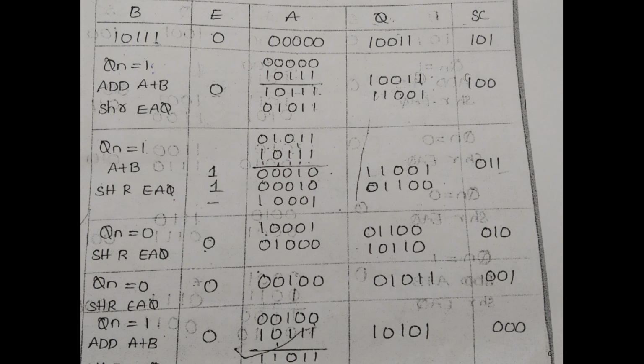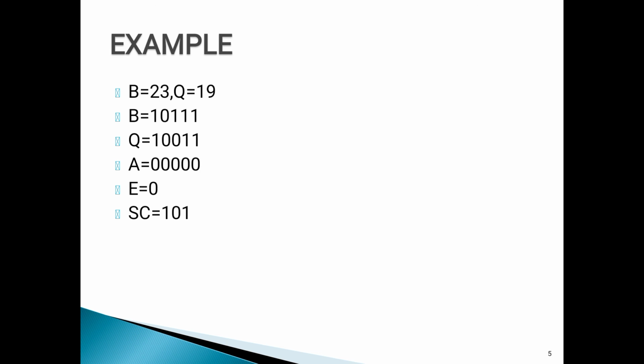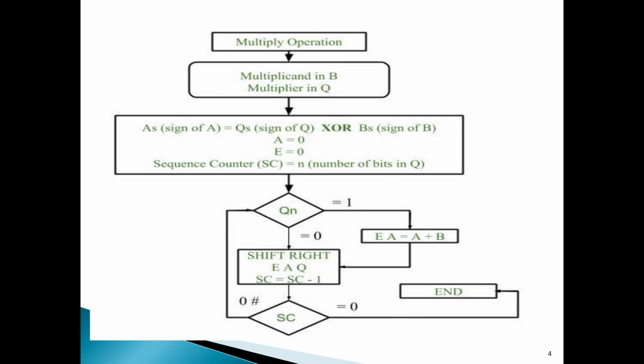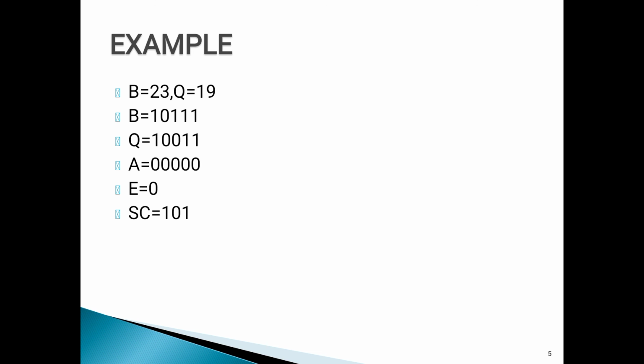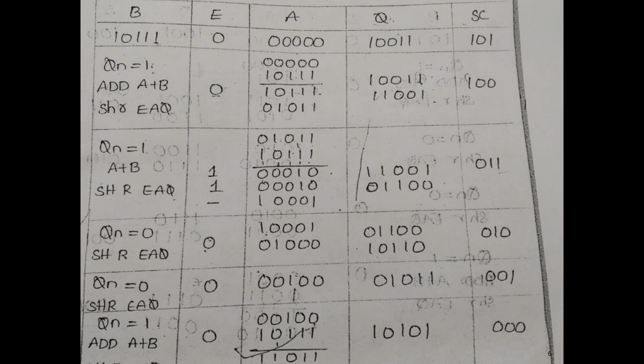After performing the shift right operation, according to this flow chart, what will you do? Decrement the sequence counter. The previous sequence counter is 5. After decrementing, the value is 4. Write the 4.